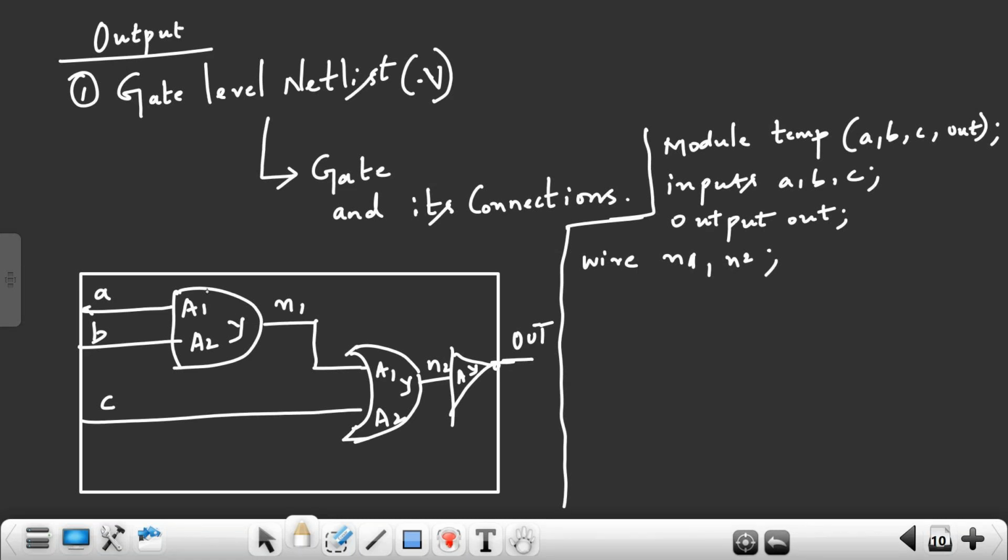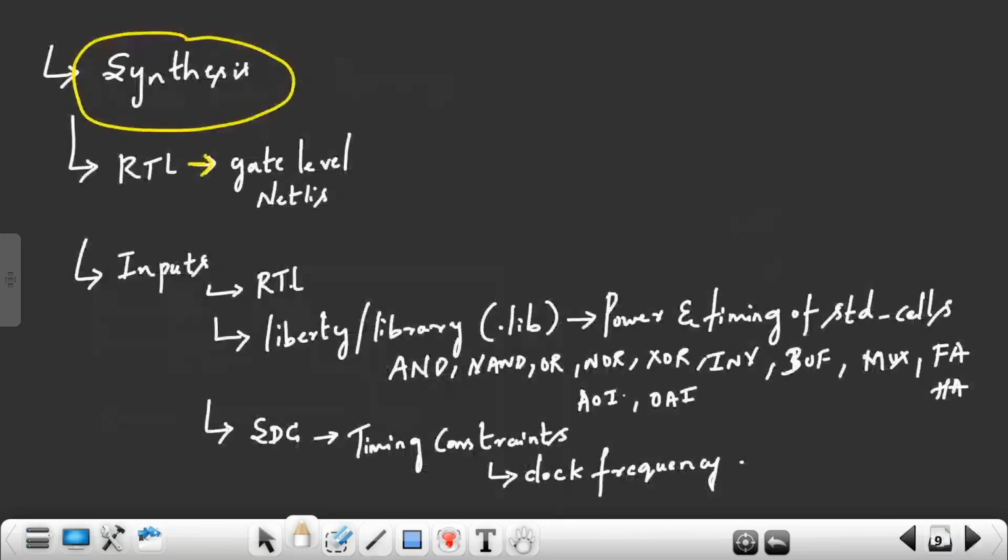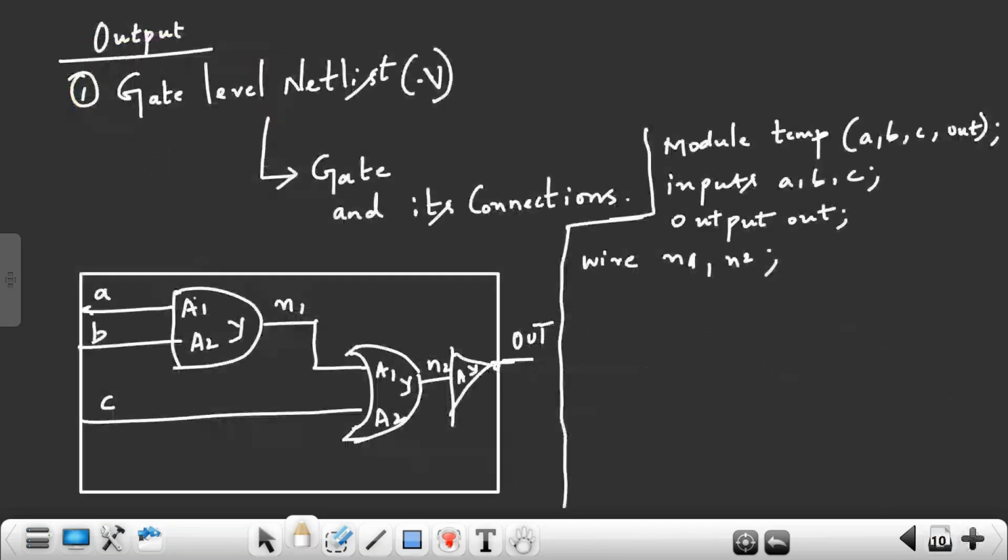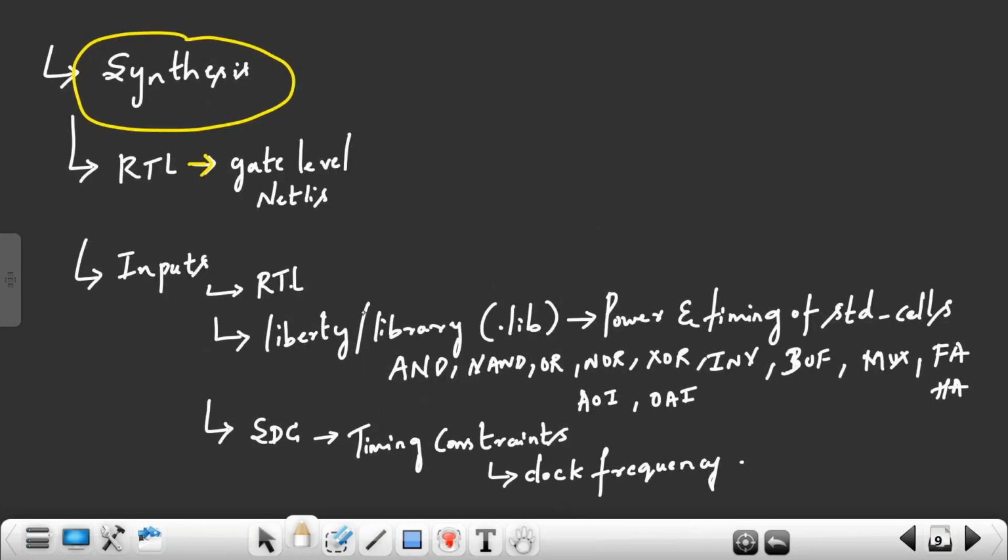Now you will describe each gate. The first gate is the AND gate. This gate should be present in your dot lib, then only it will be present in your netlist. This is a synthesis output. Synthesis will pick the cells only from the cells present in dot lib.